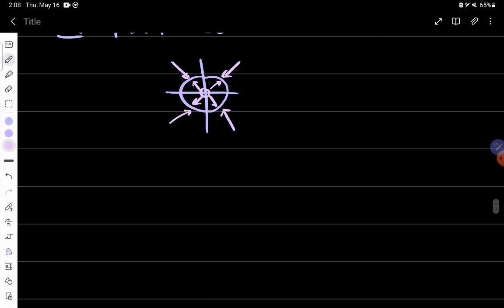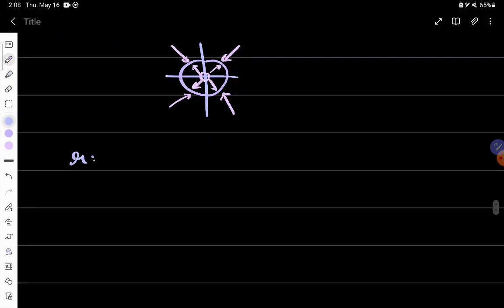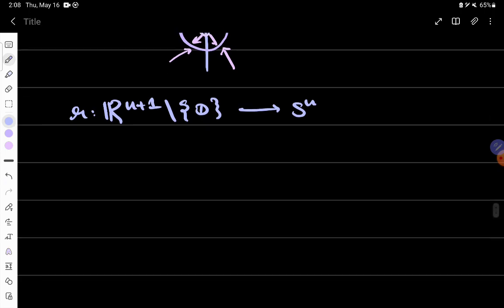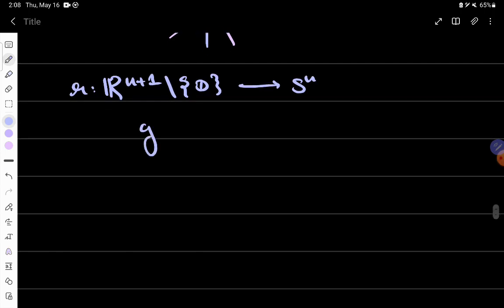So let R be defined from R^(n+1) minus 0 to Sn as above, and we want to send each y to the normalized vector where we divide out by the norm of y.